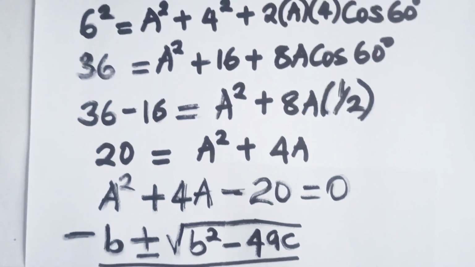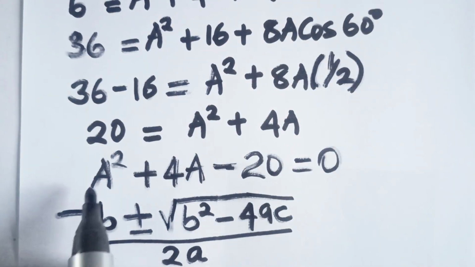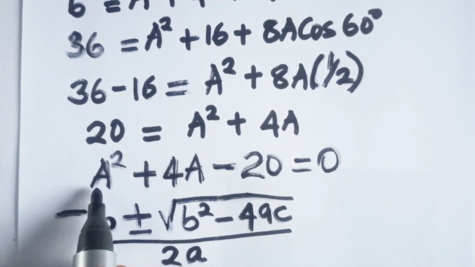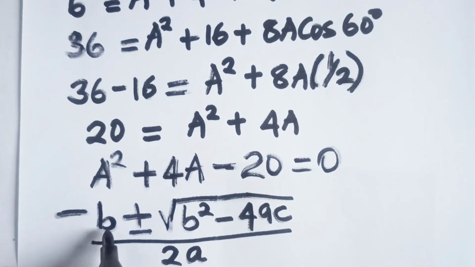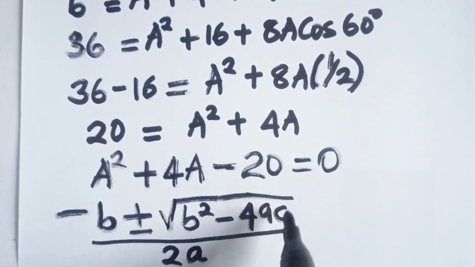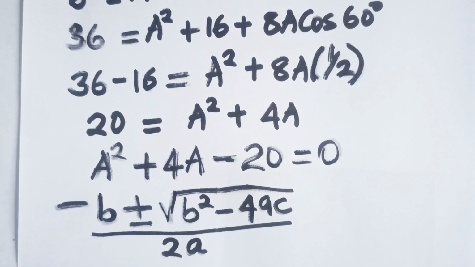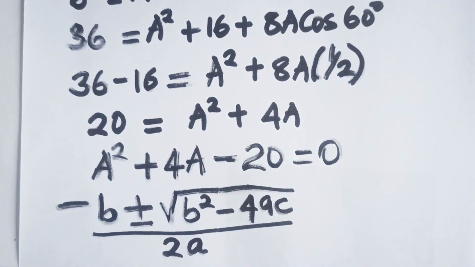So in this case, a is the coefficient of A squared, and that's equal to 1. b is 4 and c is minus 20. So we'll solve this quadratic equation using this quadratic formula.